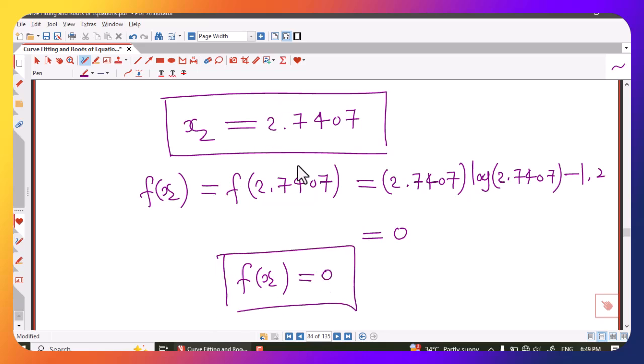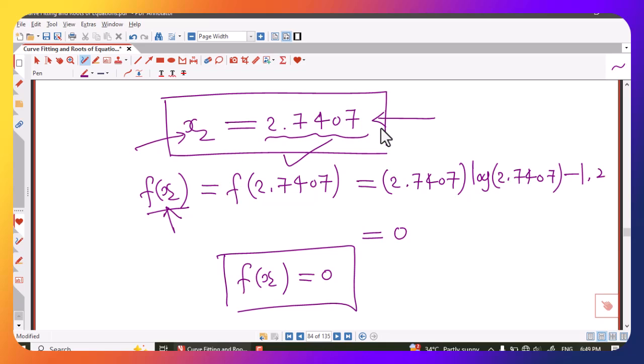That means this value is our desired root. We are asked to calculate value of root correct up to 4 decimal places. So we have obtained x2 equal to 2.7407, and f of x2 equals 0 up to 4 decimal places. That means this is our answer.